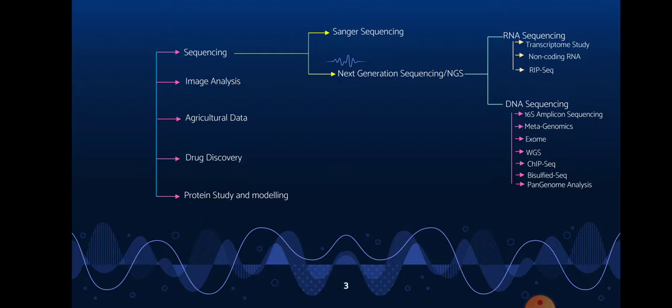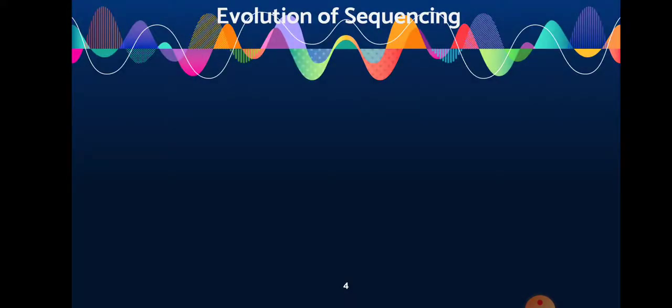Pangenome is a part of metagenomic study which works with the entire gene set of a study population and expresses how the core population has similarity or dissimilarity in their genome. We will go through each and every topic one by one in our next session and also learn how to do the analysis. But before this, let's have an overview about the evolution of the sequencing system.